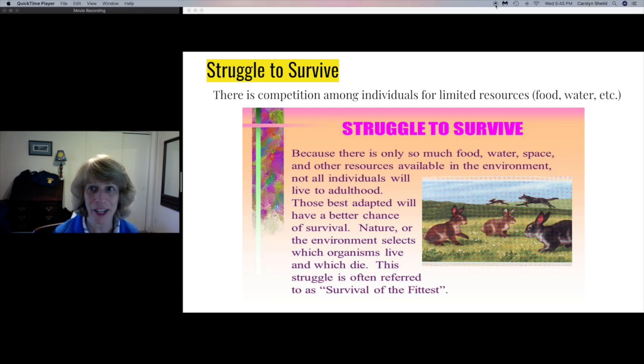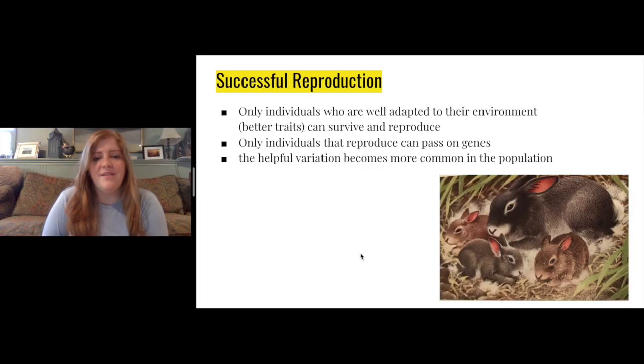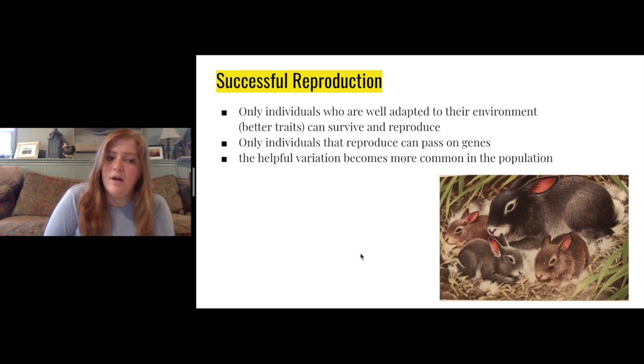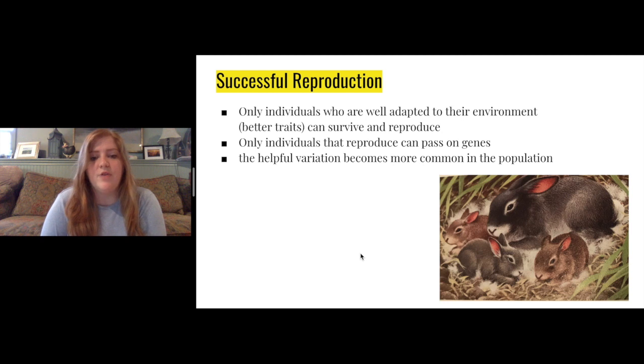Hi, Miss Dugas here to talk to you about the last element for natural selection. In order for natural selection to occur, there must be successful reproduction. Only individuals who are well adapted to their environment, as in they have better traits that allow them to both survive in that environment and reproduce, are going to be able to reproduce. And only those individuals that reproduce will be able to pass on those genes.